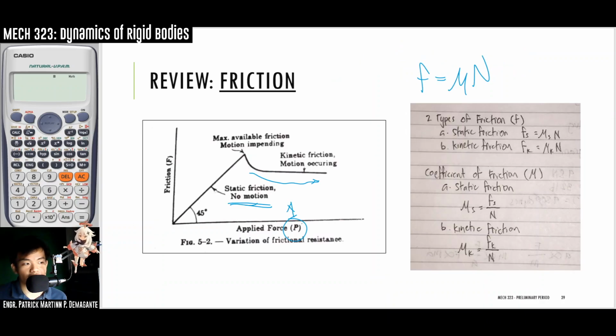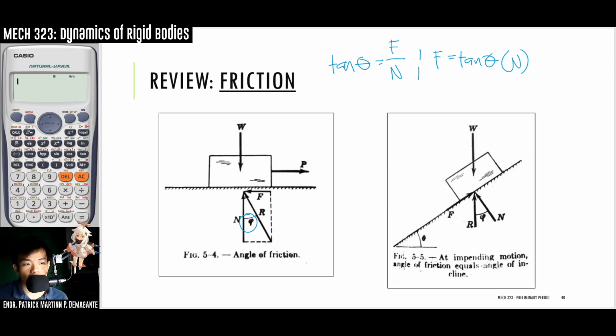That is our coefficient of friction. So, we can say that tangent theta is equal to the coefficient of friction. This is standard, something we should already know.